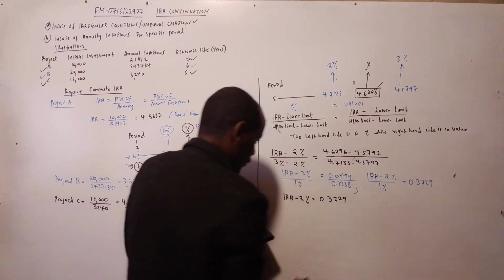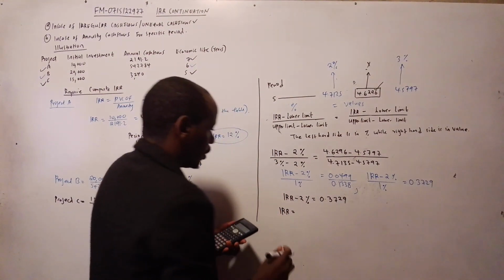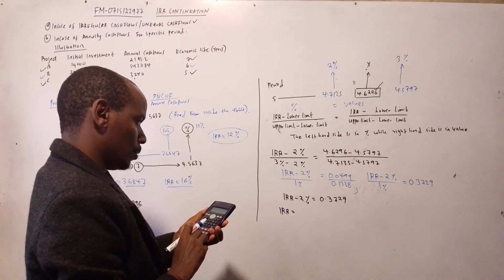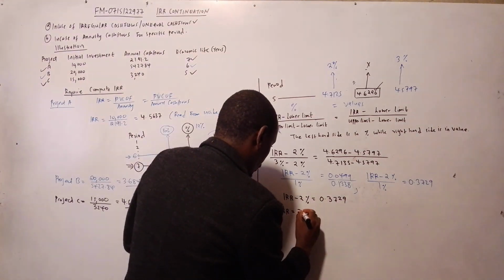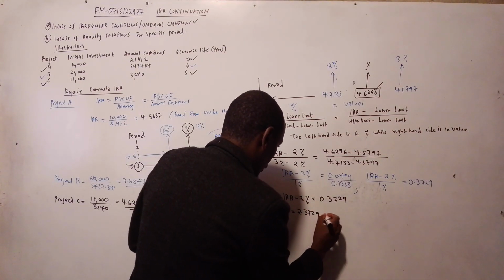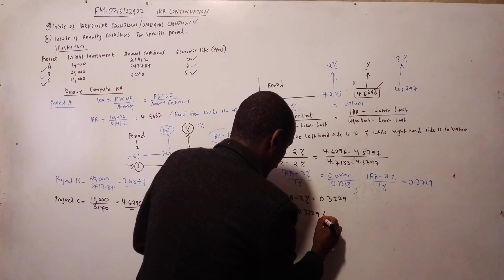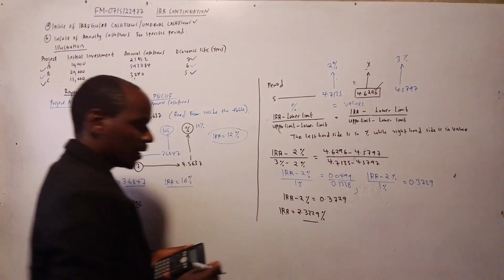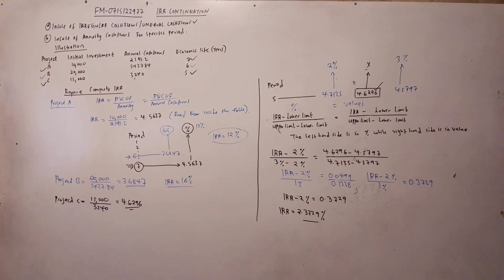So kumaanisha our IRR itakuwa ni 2 plus answer, itakuwa ni 2.3729, or that is it, 2%. So that is IRR. So the IRR for that question is 2%.